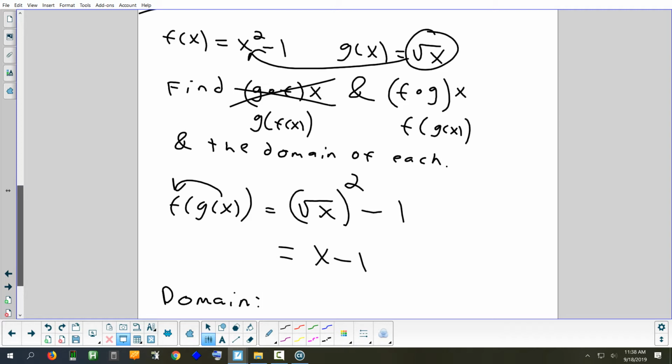You can't take a square root of a negative. So in order to avoid that, what values of x would I be allowed to use? 0 or greater. So the domain is already greater than or equal to 0, and we're starting with that. Now look at the final answer. Are there any additional restrictions on this formula right here, x minus 1?